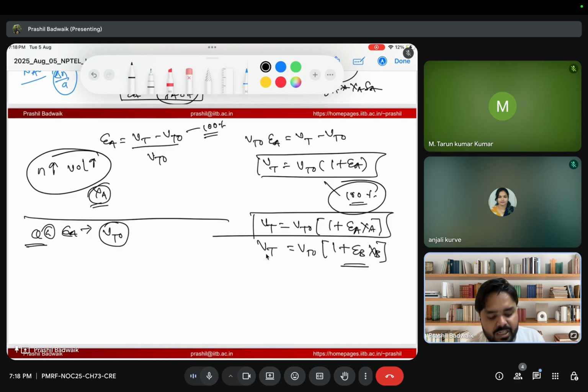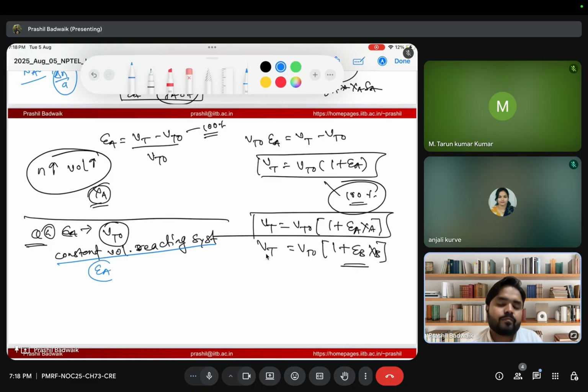So if fractional change is 0, that means volume has not changed. So for example, the question is for a constant volume reacting system. Constant volume reacting system, what is the value of epsilon A?